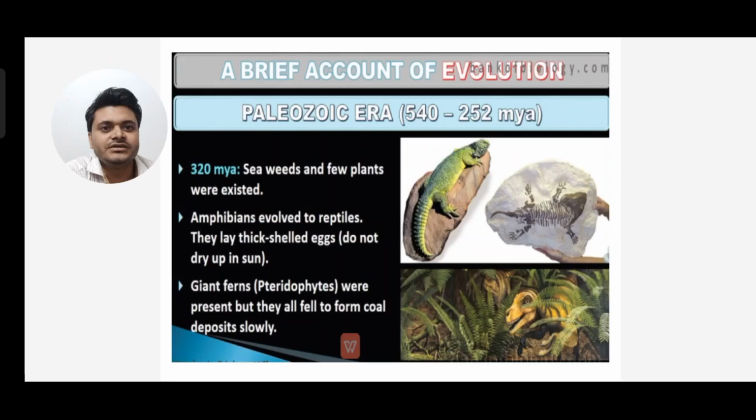Next you can see 320 million years ago. So 320 million years ago, seaweeds and a few plants existed. Amphibians evolved to reptiles.